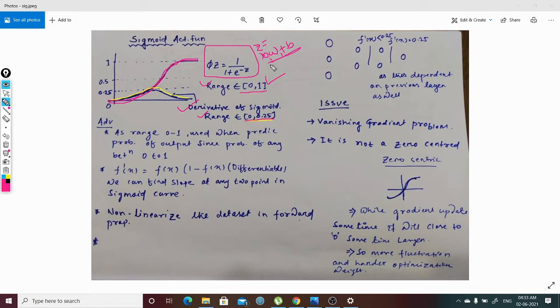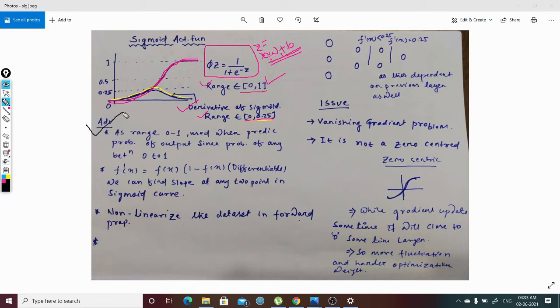If our network layers or parameters are very large, this value can go much higher. So in order to give a certain range or limit, we use an activation function like sigmoid. Irrespective of any input we give to the activation function, it will give output in a certain range: 0 to 1, or in backward propagation 0 to 0.25.